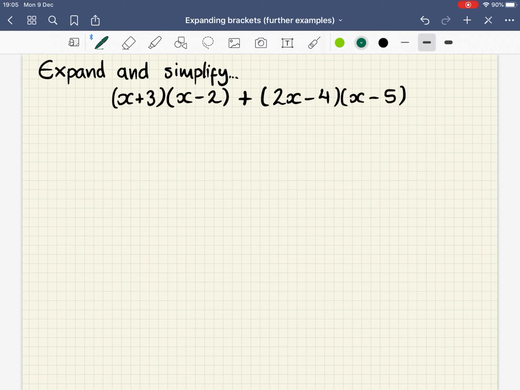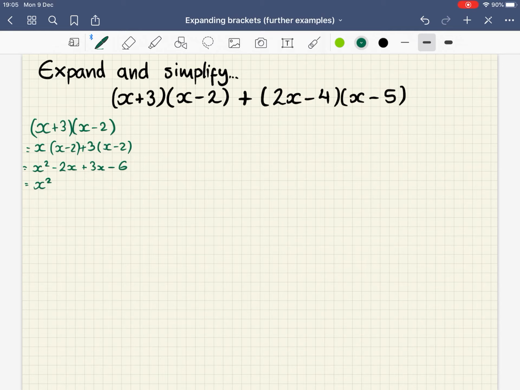So doing my expansion first, and first I'm just going to focus on the x plus 3 and the x minus 2. So just going to expand this out very quickly. That's x squared minus 2x plus 3x. 3 times negative 2 is going to give me a negative 6.